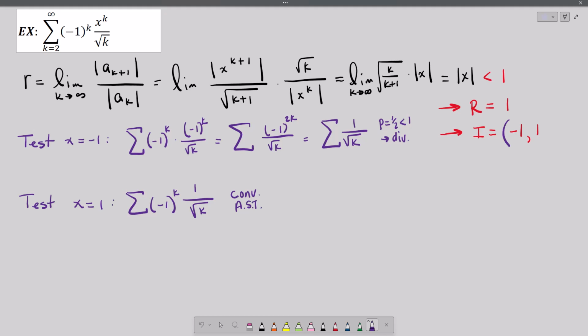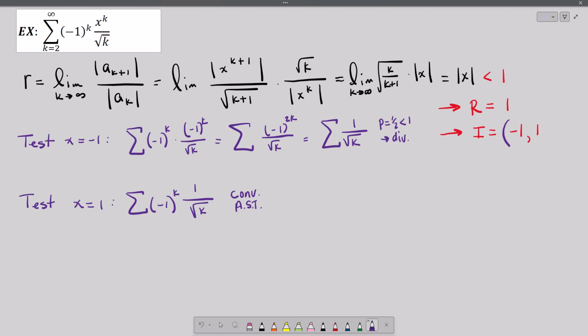Remember the 2 steps of the alternating series test. The limit of 1 over k to the half is 0, so the divergence test is inconclusive. And the alternating series test essentially says if the a sub k's have a limit of 0 and are decreasing, we have convergence.